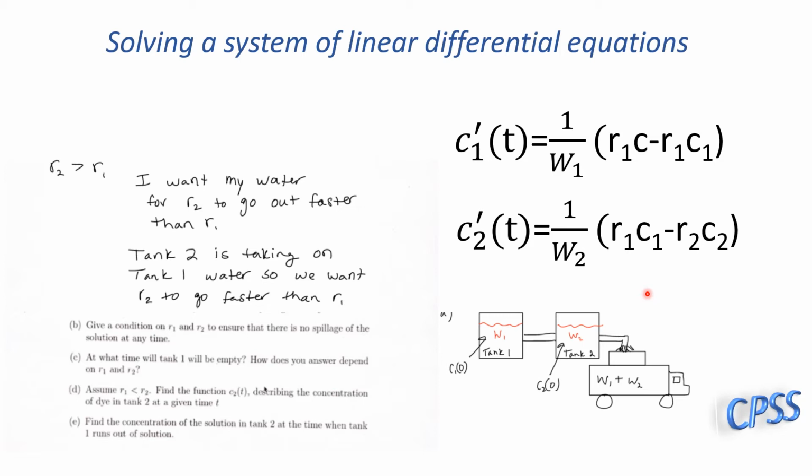So you need R2 to go out faster than R1 to not have spillage. That really answers the mail.